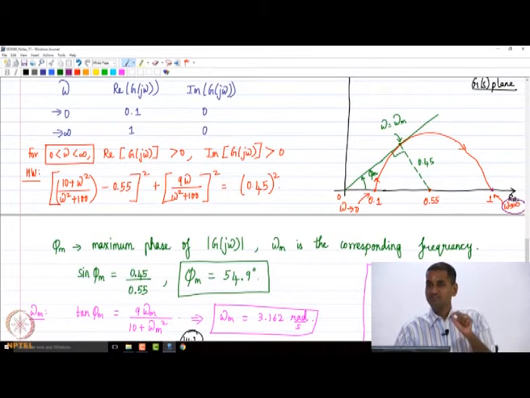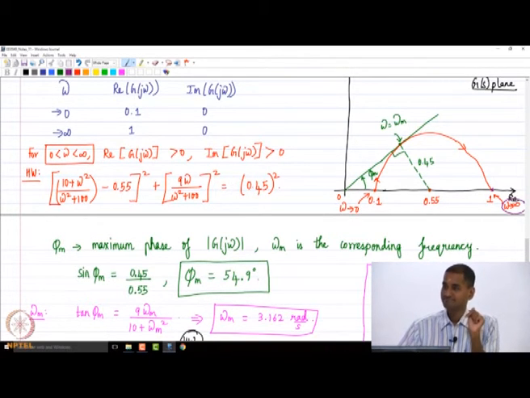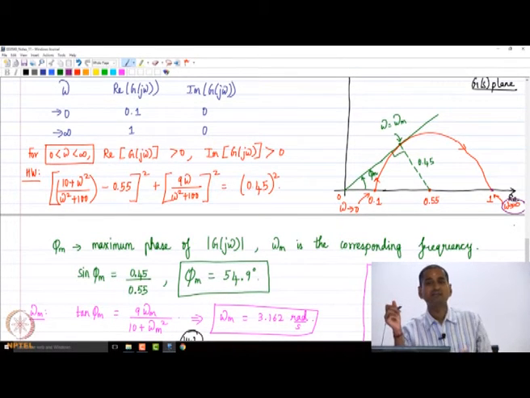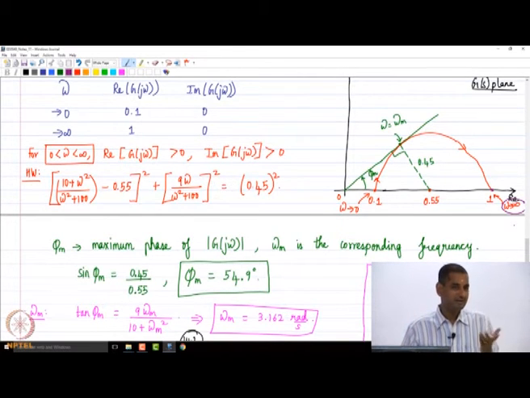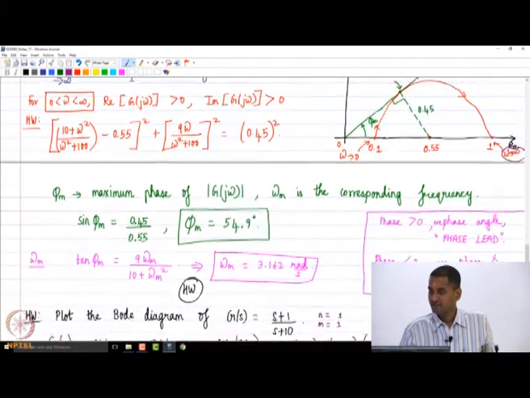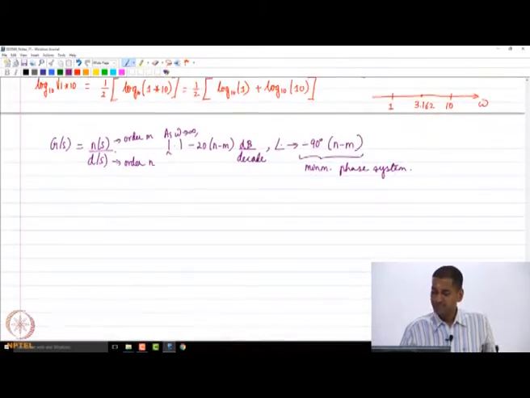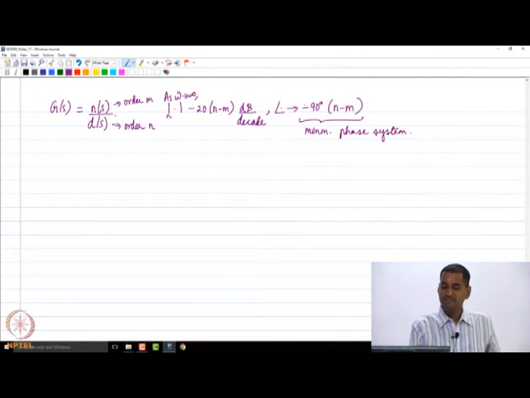If the transfer function is at 1, what is the angle made by that? How do you get the angle? You draw the vector from the origin to that point. You are going to have a vector aligned along the positive real axis. So what is the angle? 0 degrees, right. So we are just double checking the results. Is it clear? Okay. So you can see that the results that we discussed hold true.